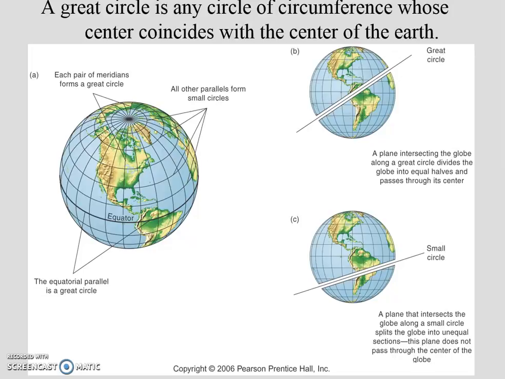Now, a small circle is not going to equally divide the Earth in half, as we see in figure C at the bottom there. And so a plane that intersects the globe along a small circle splits the globe into unequal sections. So you could say that the higher lines of latitude are small circles, but one line of latitude that equally splits the Earth in half, into the northern and southern hemisphere, is going to be our equator.